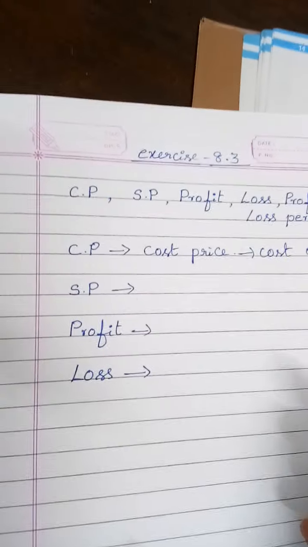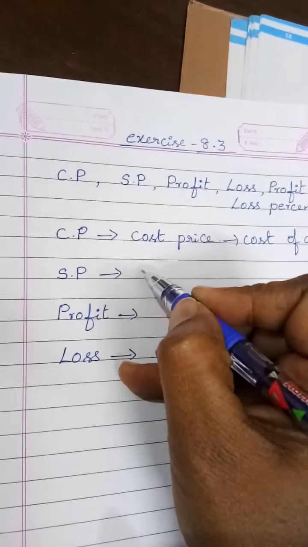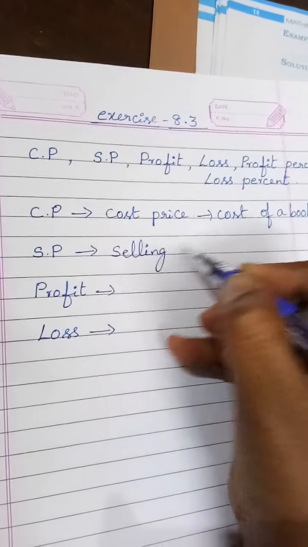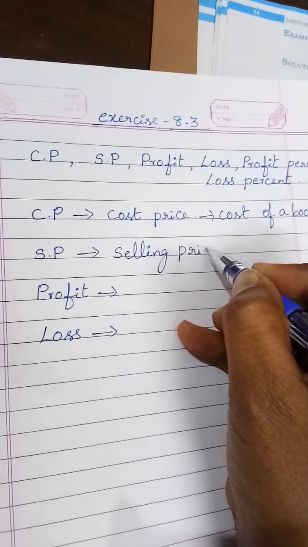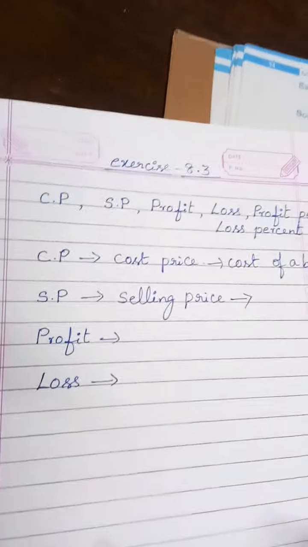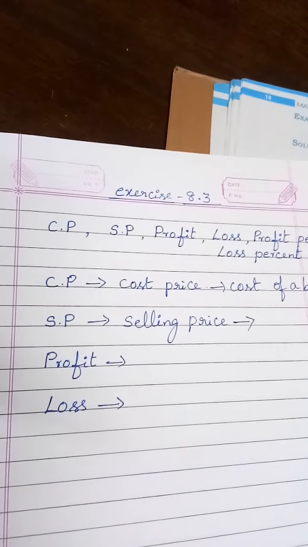See, what is SP now? SP is selling price. What is selling price? The price at which you sell is known as the selling price.